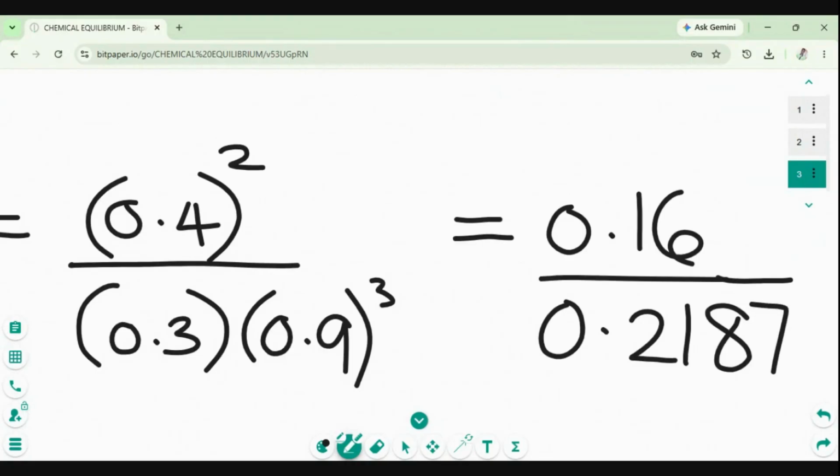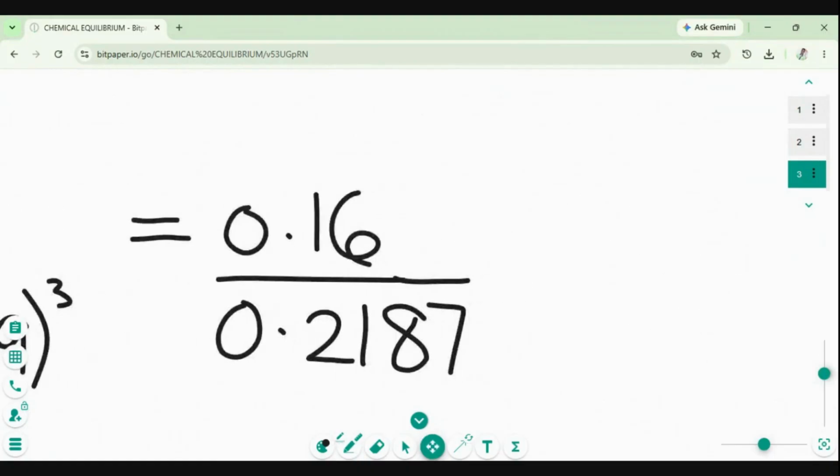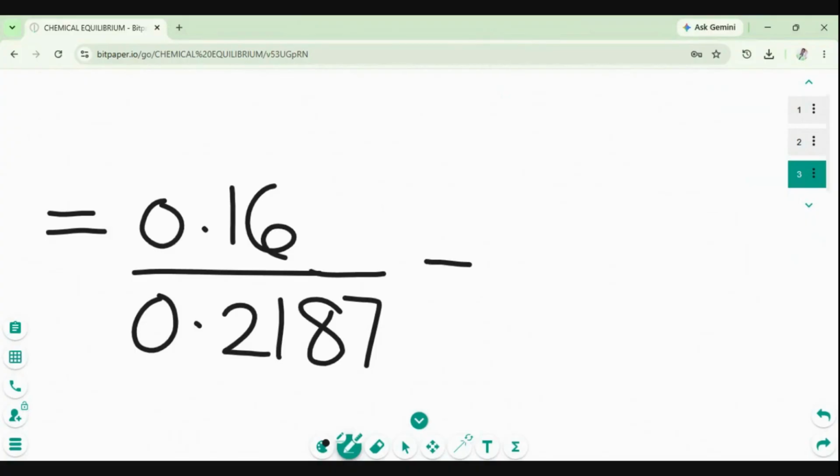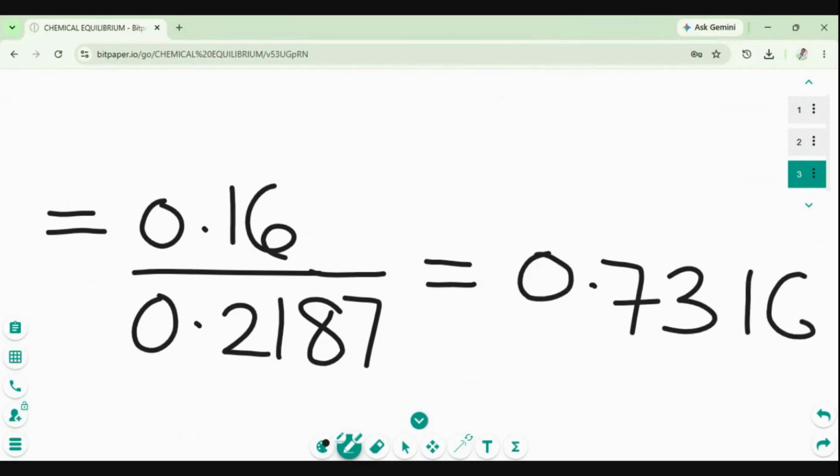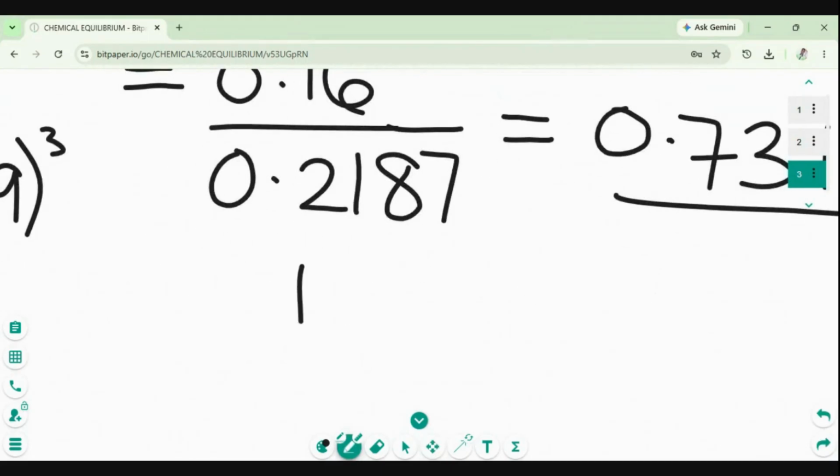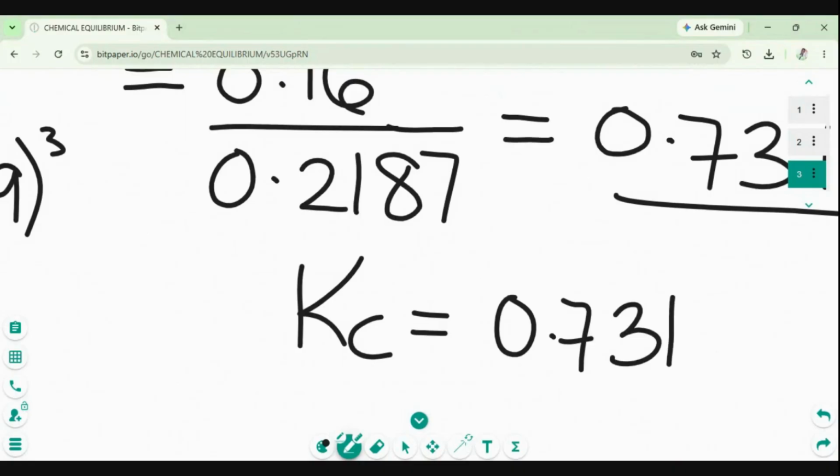And when we get 0.16 divided by 0.2187, finally our answer becomes, I'm going to use four dp, 0.7316. So it means that our Kc is equal to 0.7316. We have arrived at the final answer.